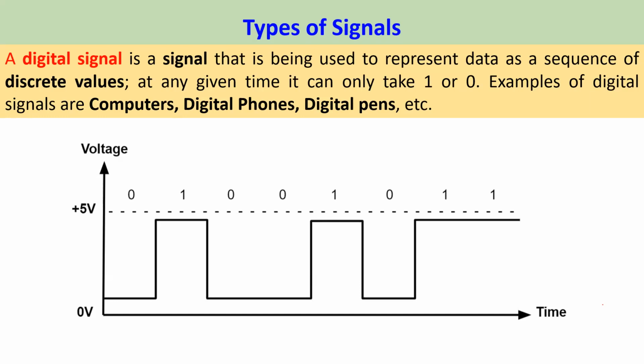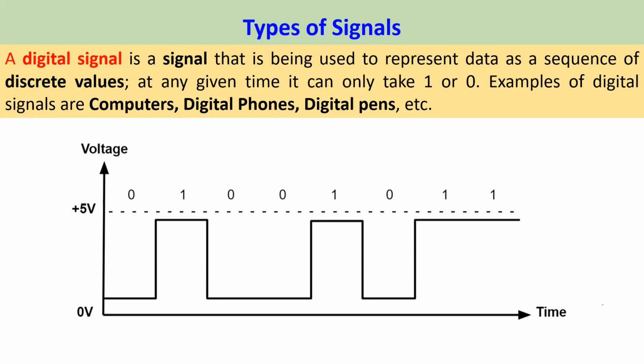Therefore digital signals are considered discrete values, and another name is discrete signals. In the same way that analog signals are called continuous signals, digital signals can be identified as discrete signals.